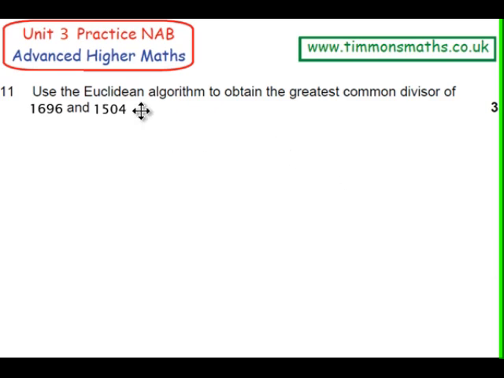Okay, we have to use the Euclidean algorithm to obtain the greatest common divisor, GCD, of 1696 and 1504. Now, the 1696, if we use our calculator and divide this by 1504, now we're getting an answer of 1.127 and so on.